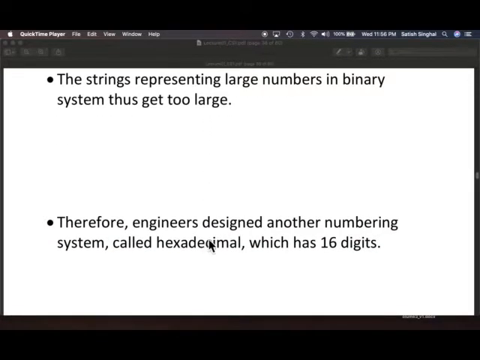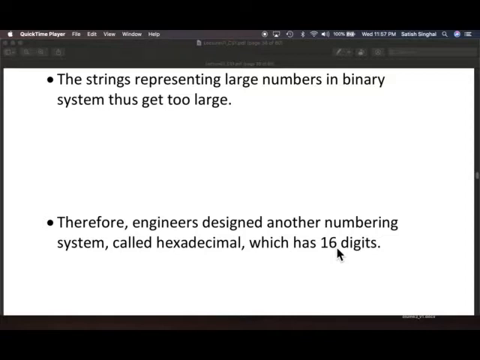Therefore, engineers designed another numbering system called hexadecimal, which has actually 16 digits. So binary has 2 digits, decimal has 10, hexadecimal has 16 digits. And what happens is that the more digits you have in a numbering system, the smaller is the number of digits you will need to represent a number in it.